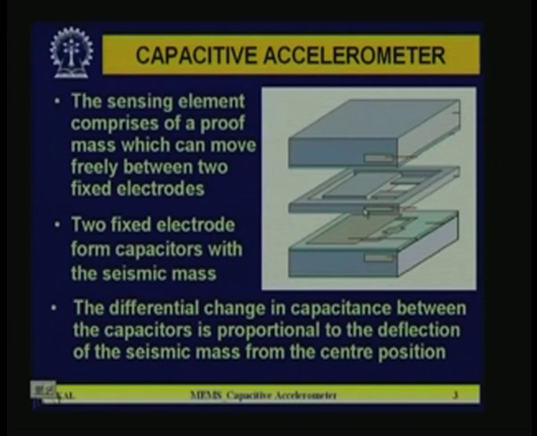We are going to measure the differential change of capacitance of this structure. The probe mass displaces according to the acceleration, as a result of which the gap between the two plates changes and the capacitance variation is detected, which is a measure of the acceleration.